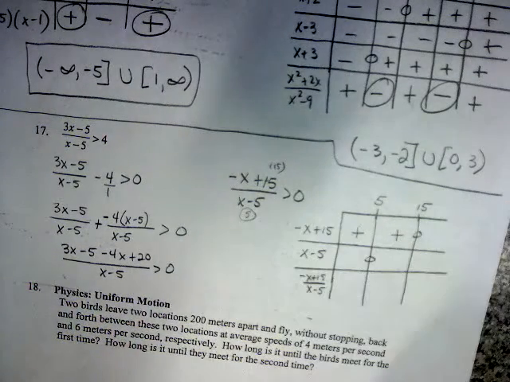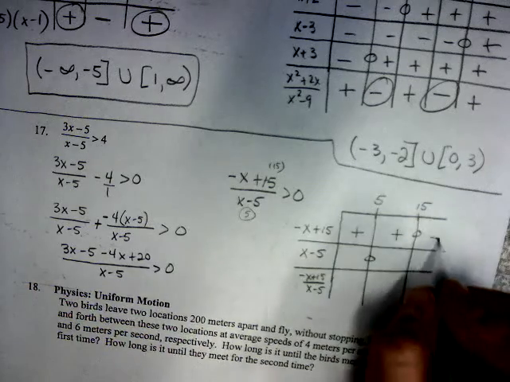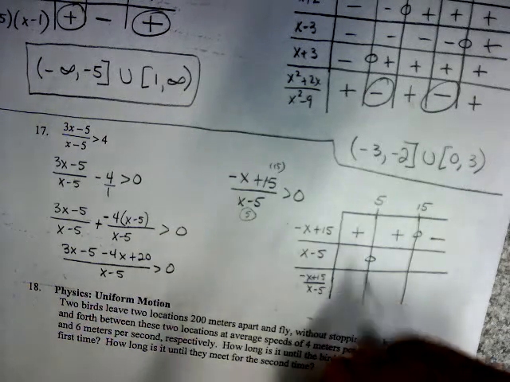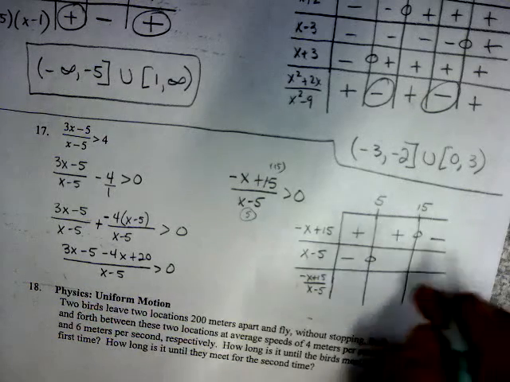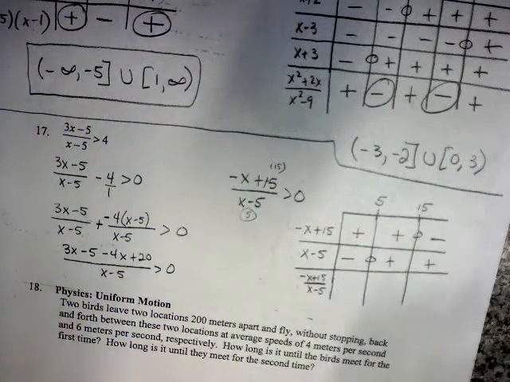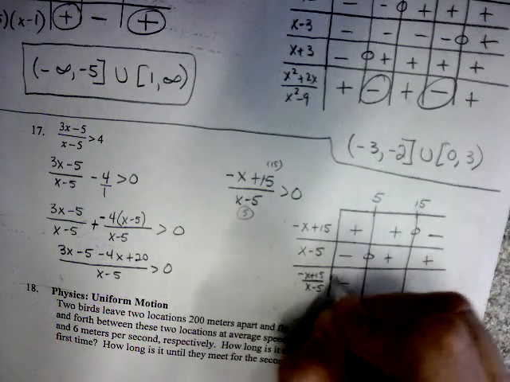So these are positive, and this one's going to be the negative. Here the x is still positive, so it's going to be normal: negative before the 0 and positive after the 0. So here we have a negative when we divide.